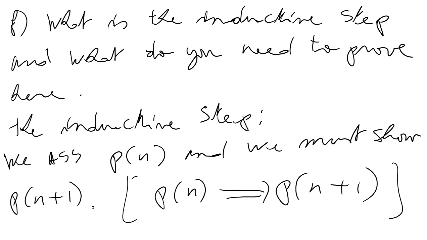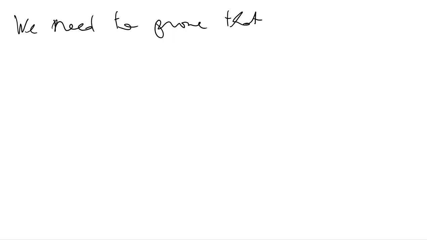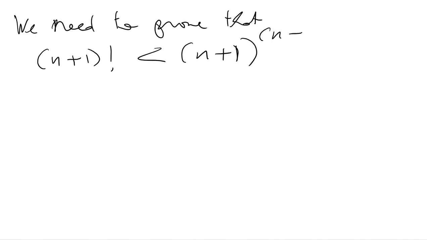So now for this question we have two questions. We have this: what's the inductive step? So for what's the inductive step, this is what we did here. The inductive step is this, and what do you need to prove? So now we must show that n plus 1 factorial is less than n plus 1 to the n plus 1.